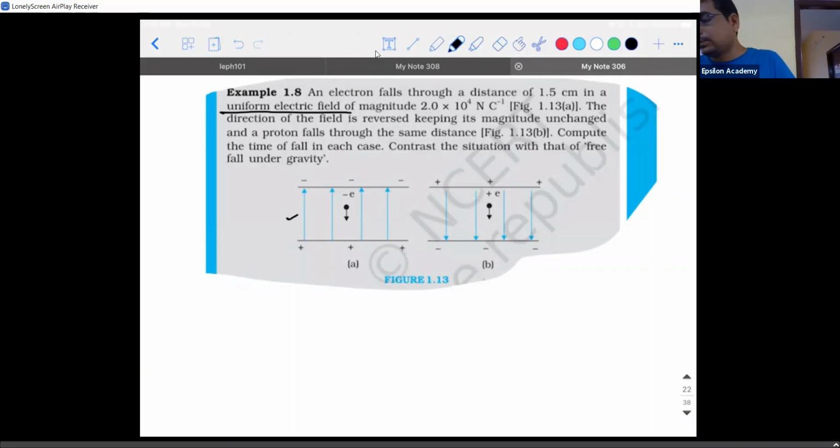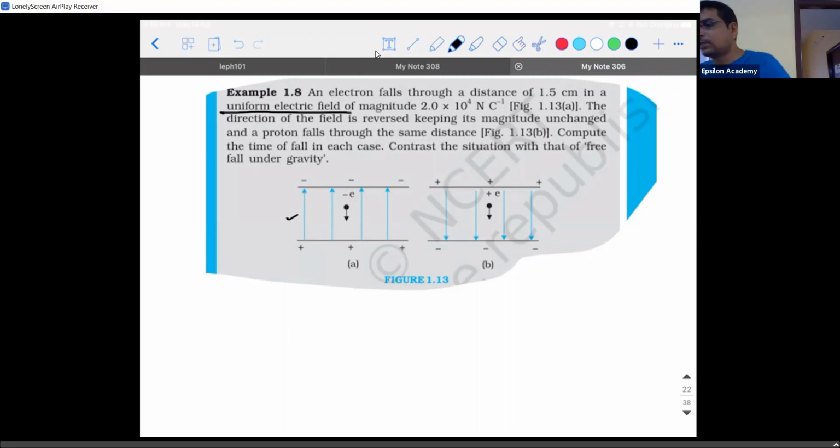Now I have a question. When it is traveling in the downward direction, is the electron traveling under a favorable situation or unfavorable situation? Whatever the electric field, it is favorable. Why? Because above you have a negative charge. The negative charge is repelling it more. It is trying to come down. The other way to look is the electron will get attracted to the positive charge.